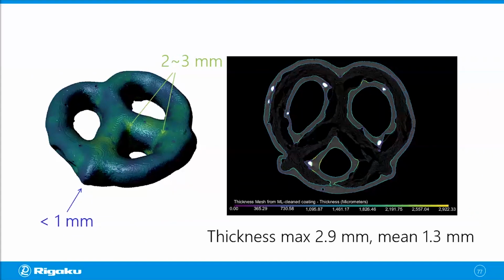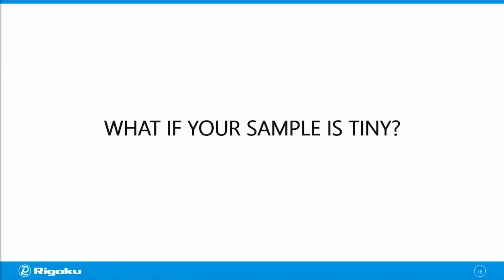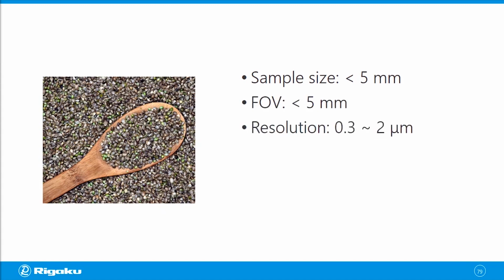So those are relatively large samples, but what if your sample is tiny, like seeds? The general rule is if your sample is less than 5 millimeters, sometimes it could be less than 1 millimeter, then your FOV is going to be as small. And this means that you're going to need sub-micron to 1 or 2 micron resolution.